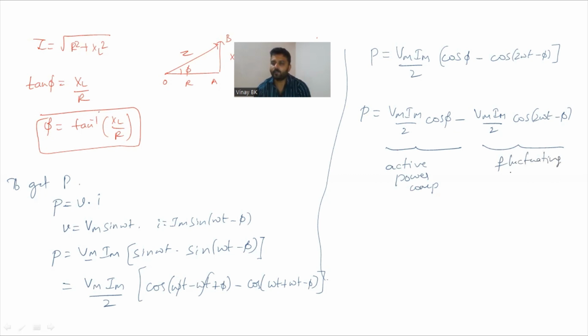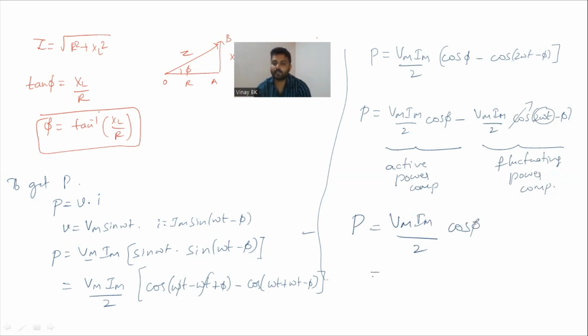We can observe that the fluctuating power component has 2 omega t, which means its frequency is double the frequency of the applied voltage, so that this term becomes 0. So the average power P is given by Vm Im divided by 2 cos phi.